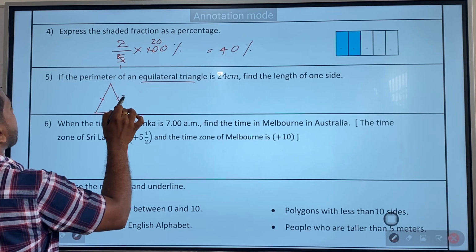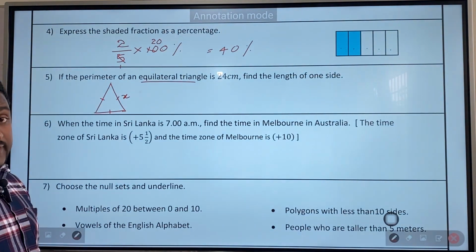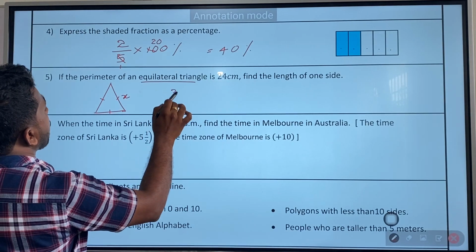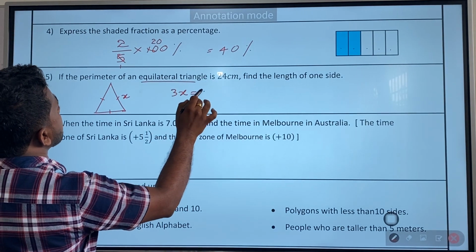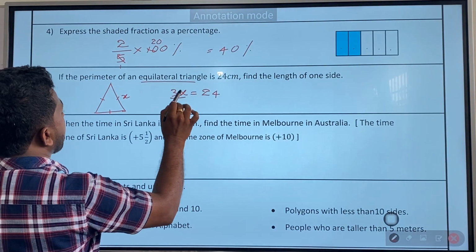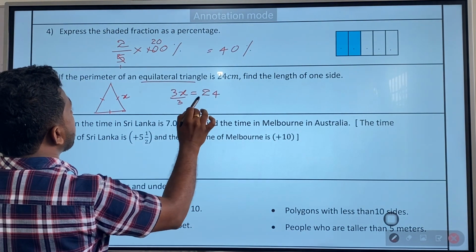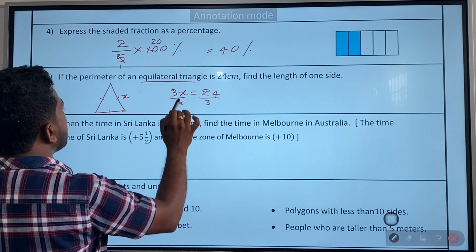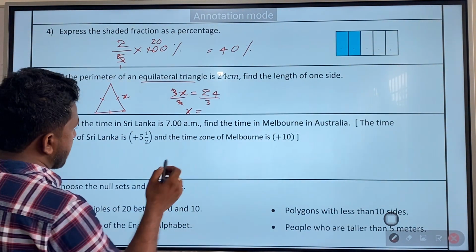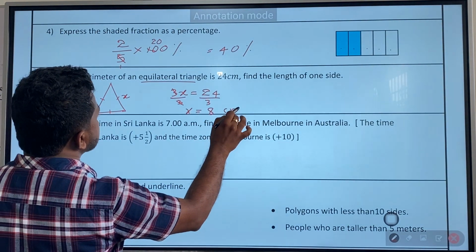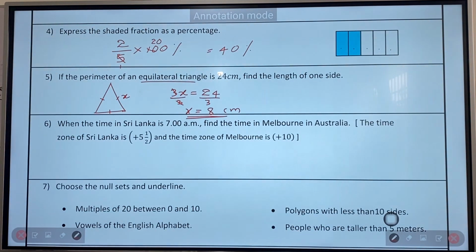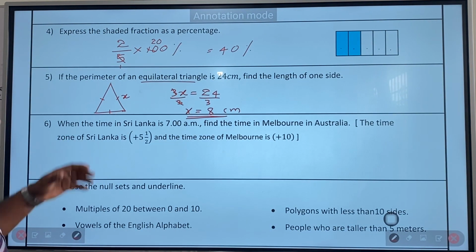If this length is x, then x + x + x, so we can write 3x = 24. To find the value of x we divide both sides by 3. Now x equals how many 3s for 24? 8 centimeters. The side length of the equilateral triangle is 8 centimeters.